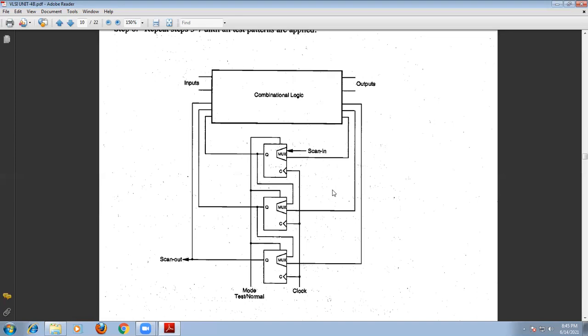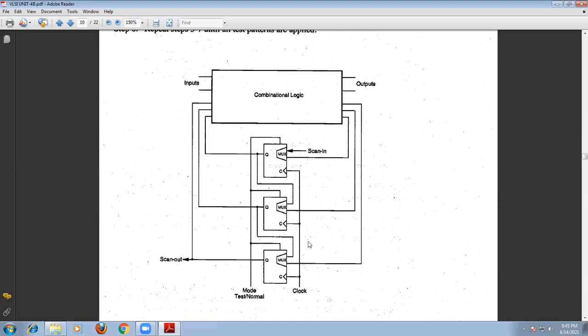The second point is to verify the scan path by shifting the test data in and out. The third step is scanning the desired state vector into the shift register.